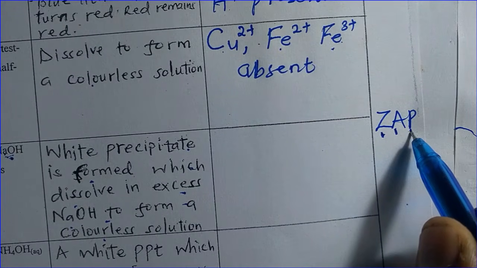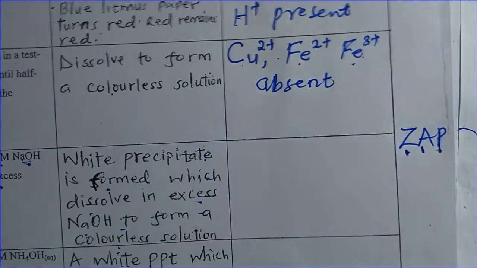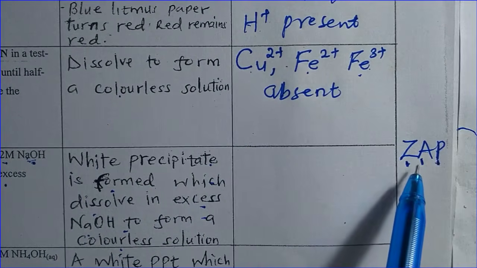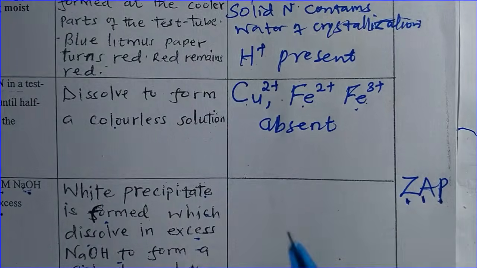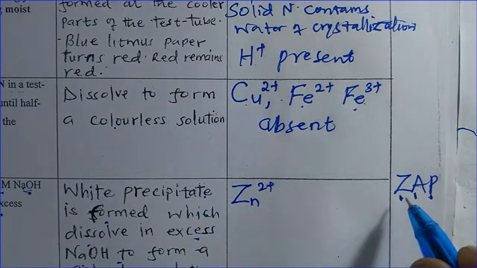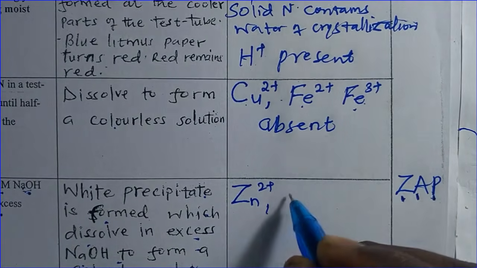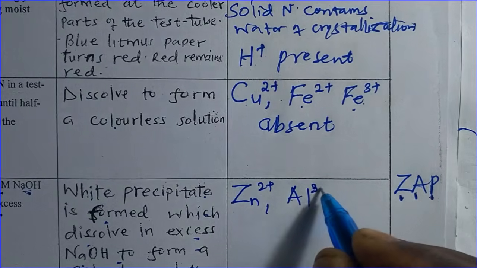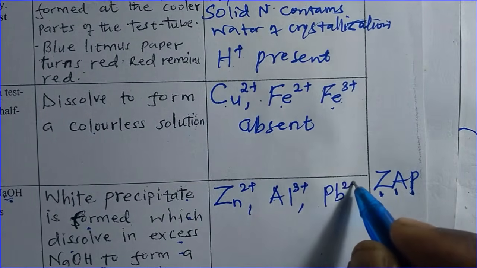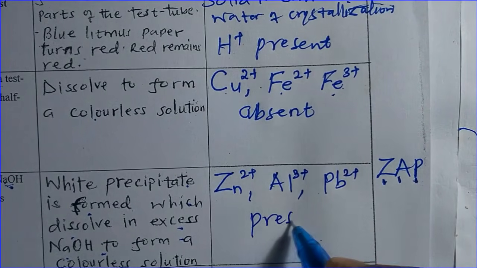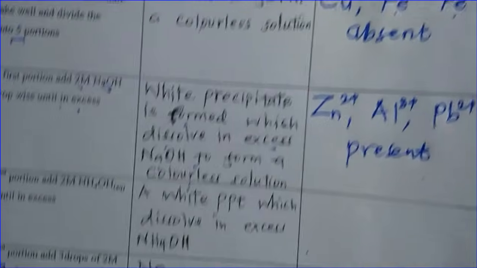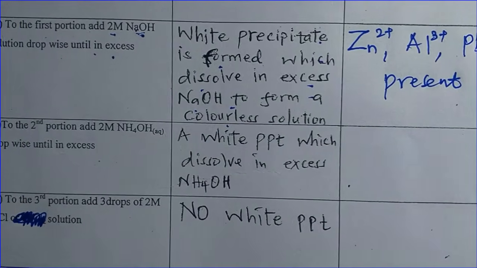These are the amphoteric ions. So there you write zinc 2 positive, aluminium 3 positive, and lead 2 positive are present. The words present and absent are very important in this case.